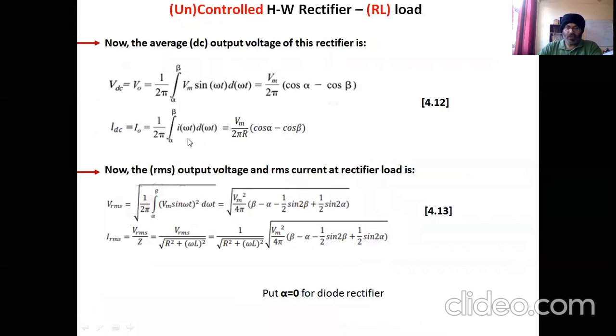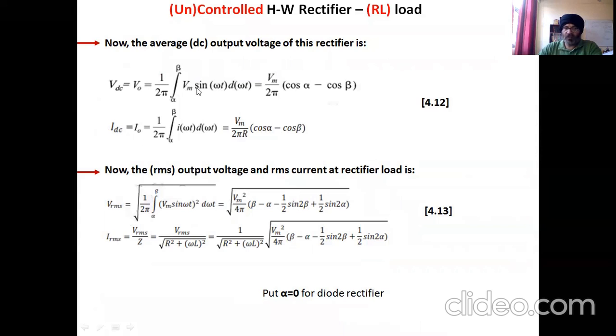So once we know the current, that current I omega t from alpha to beta, we put that value over here and we can find out this current, which is the average output current or DC output current, dependent upon angle alpha and beta.